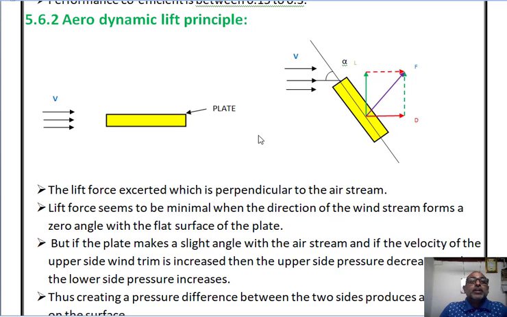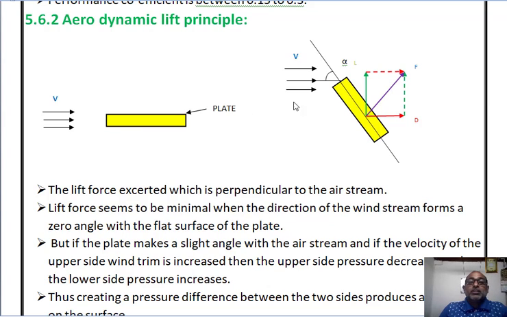Now next, the aerodynamic lift principle. The force exerted is perpendicular to the air stream. The lift force is minimal when the direction of the wind stream forms a zero angle with the flat surface of the plate.